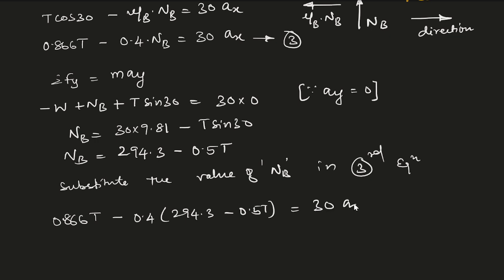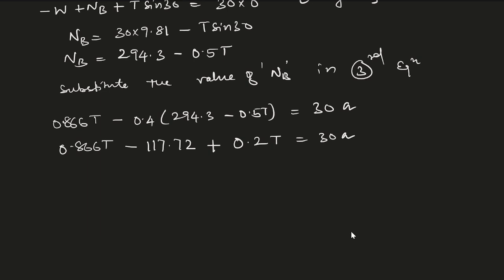Here you have to multiply these values. 0.4 into 294.3 gives me 117.72, with a minus sign, and then minus times minus, 0.4 into 0.5 gives plus 0.2 T. This will be equal to 30a.